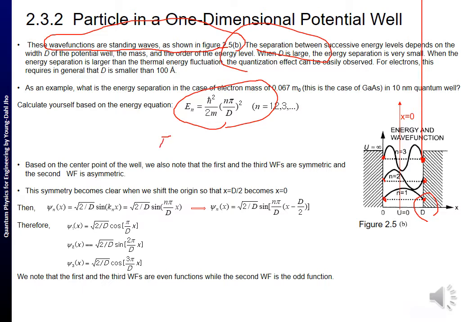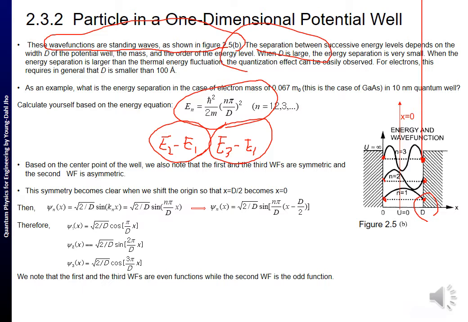The separation is, for example, E2 minus E1 or E3 minus E1. These are actually important values in practical applications.